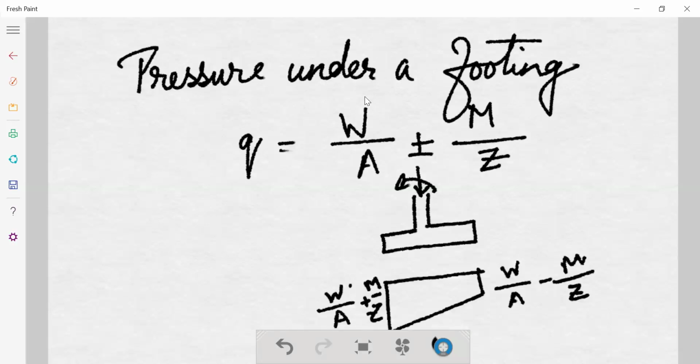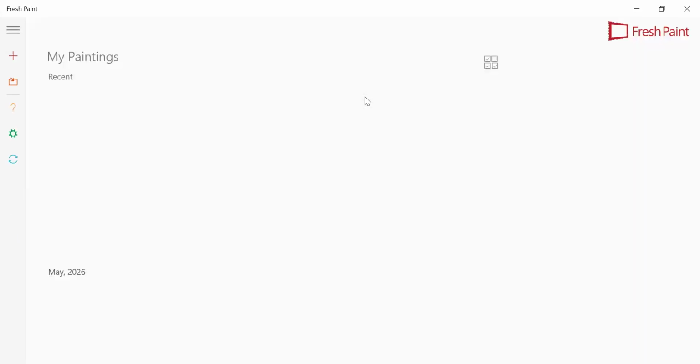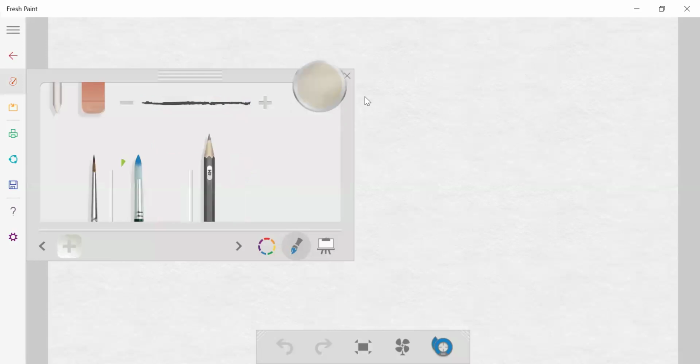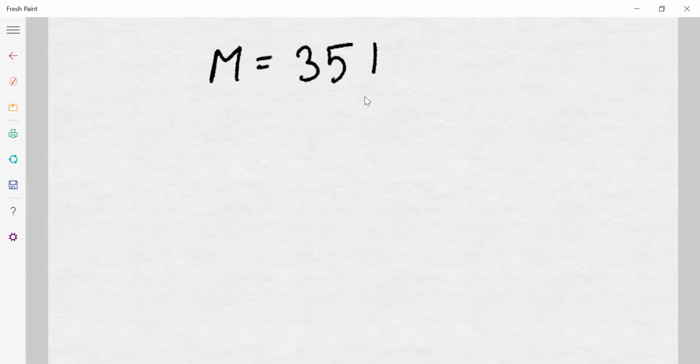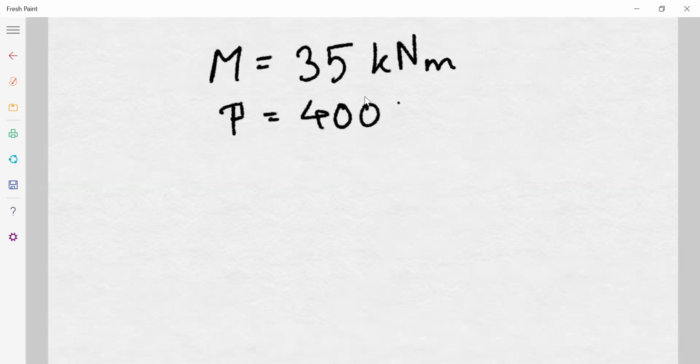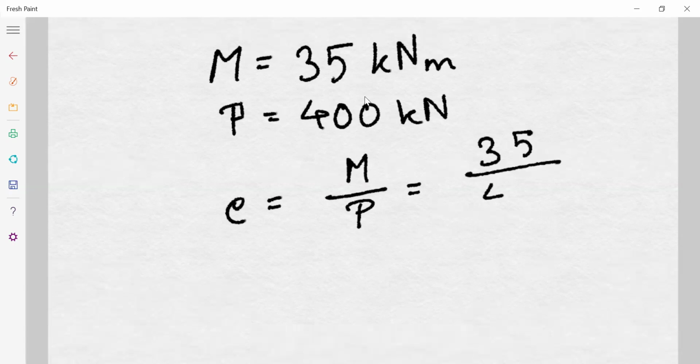Now let us go back. The moment is given as 35 kilonewton meter, and the load that was given was 400 kilonewton. So we find the eccentricity, which is equal to M by P, which is equal to 35 by 400.